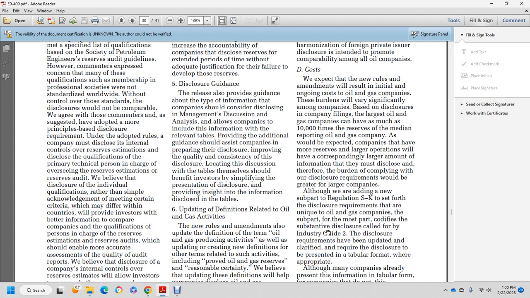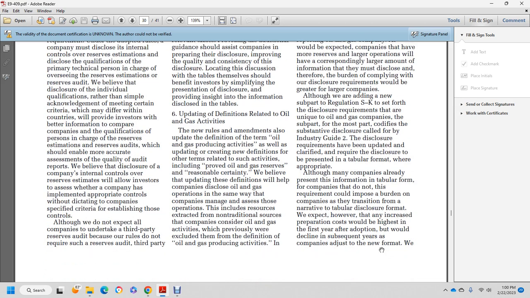Although we are adding some parts to the regulation that give disclosure requirements unique to oil and gas companies, for the most part they are codified with the substantive disclosure called for by Industry Guide 2. Disclosure requirements have been updated to clarify the requirement that disclosure be presented in tabular form where appropriate. Although many companies already present the information in tabular form, the rules do not require it.